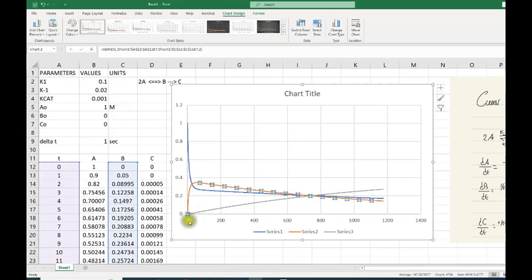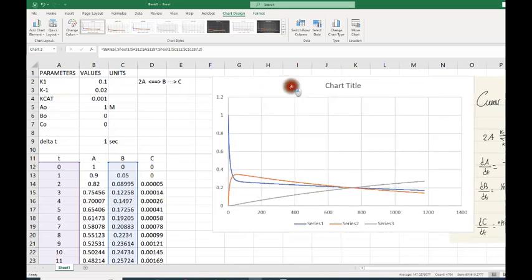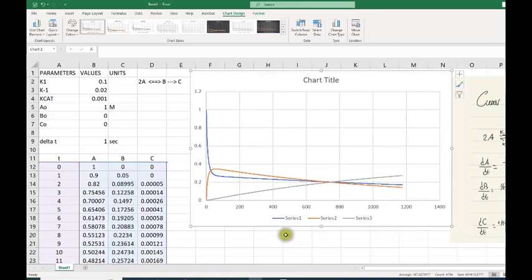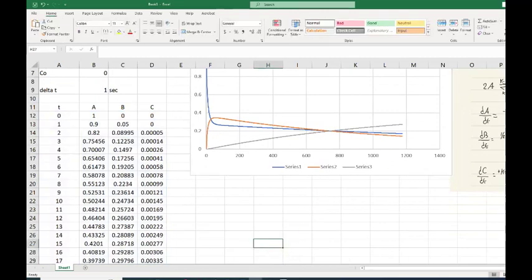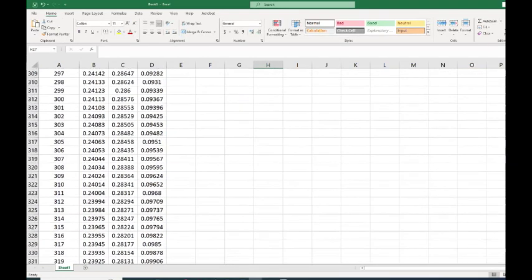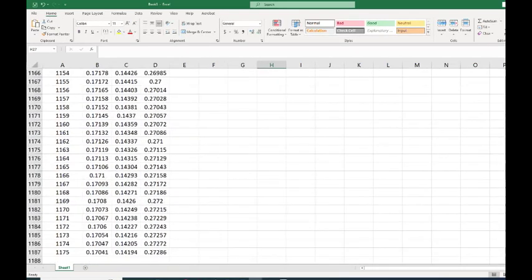That's B. B went from a maximum value, but now it's dropping slowly, because C is increasing. And how about A? A dropped quickly, but pretty much stays at, I don't know, a quasi steady state sort of. And so let's keep running this a little bit more, and let's figure it out. What would that do for us? All right, so let's see.